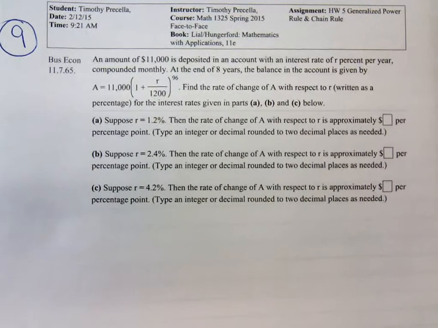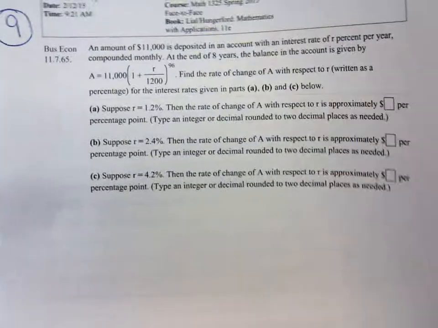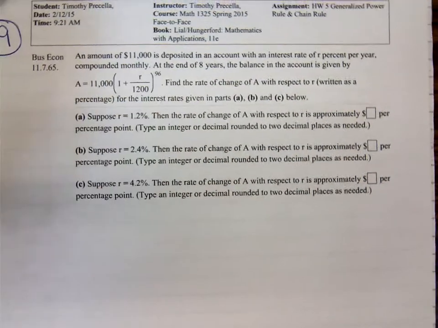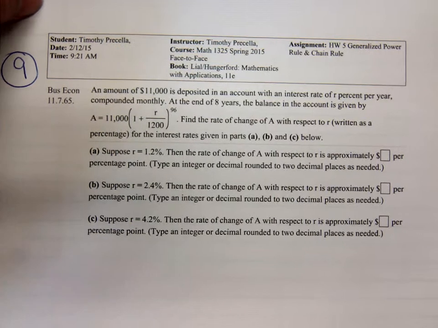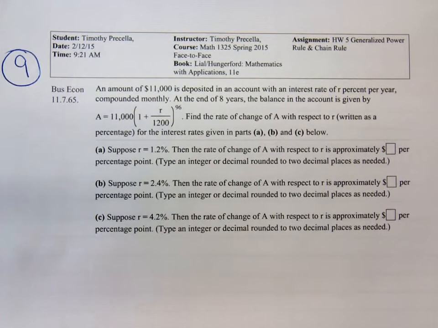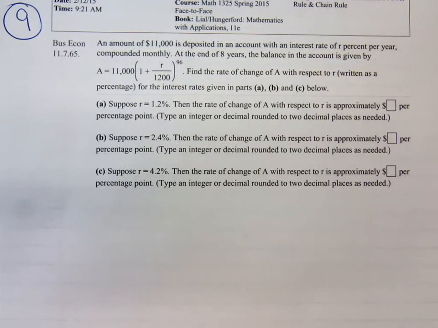One more. This is number 9. An amount of $11,000 is deposited in an account with an interest rate of R% per year compounded monthly.